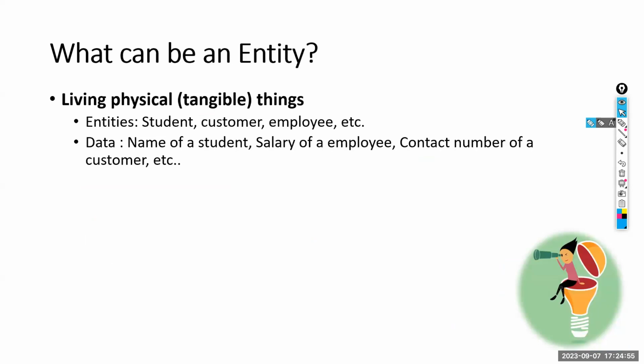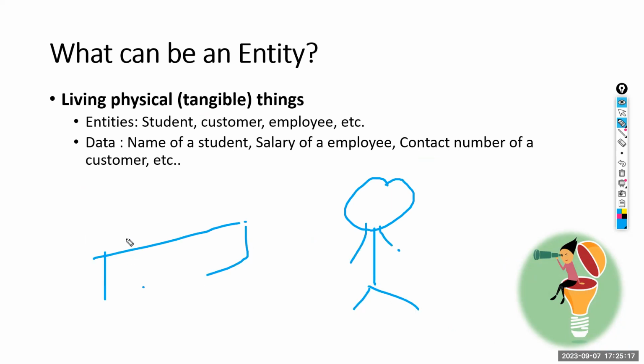Because data is a property or attribute of an entity. To understand a little bit more about entities, we can classify them. Data is always conceptual, but entities are not always conceptual. For example, myself is not a concept. Myself physically exists, right? Also the packet of signal is a physical thing.